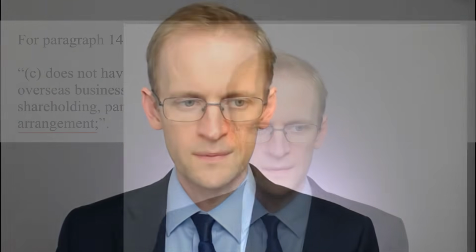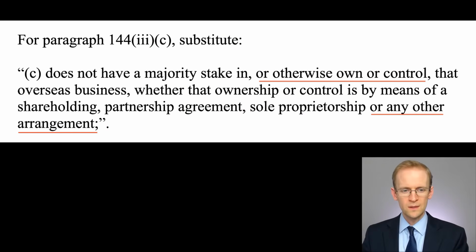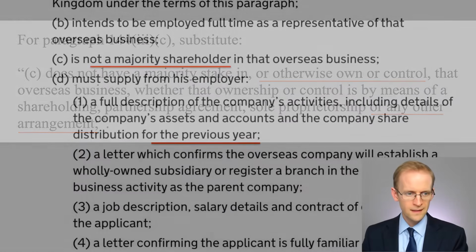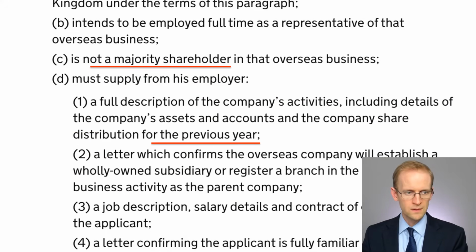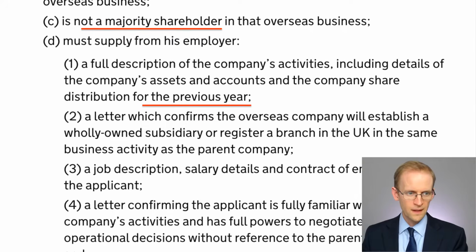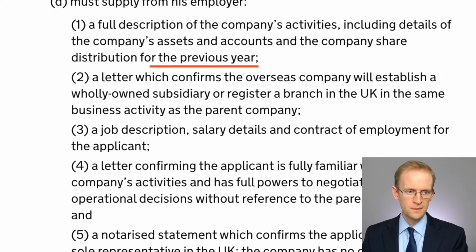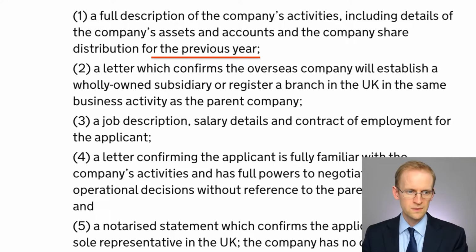So they've strengthened that provision, but it's also the case that sometimes people reduce their shareholding in order to qualify under the rules, and that has always been quite difficult, because if you have a look at this provision, you've got to provide a full description of the company's activities, including details of the company's assets and accounts and the company's share distribution for the previous year.